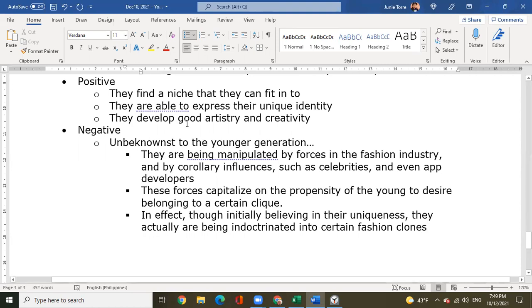There. And then they develop good artistry and creativity.